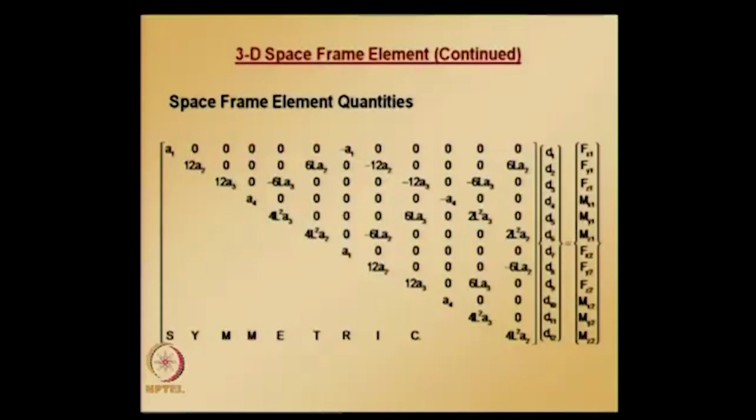Now here we have some coefficients a1, a2, a3, a4, and we have seen in the last class what these are, and that element equation in the local coordinate system can be written compactly in this manner: KL dl is equal to RL, and the coefficients are given here.